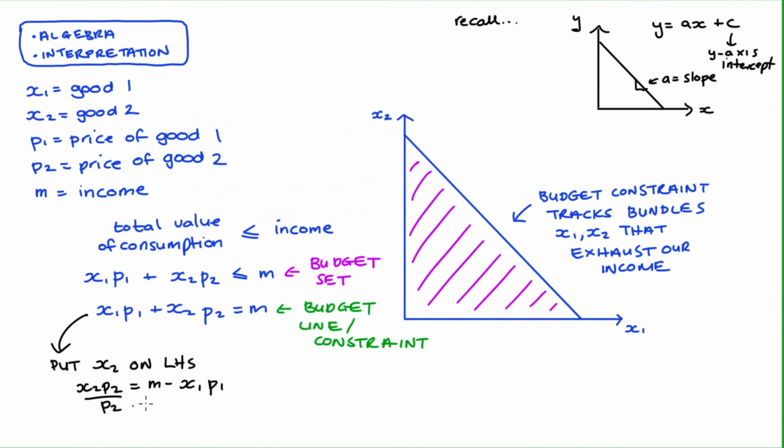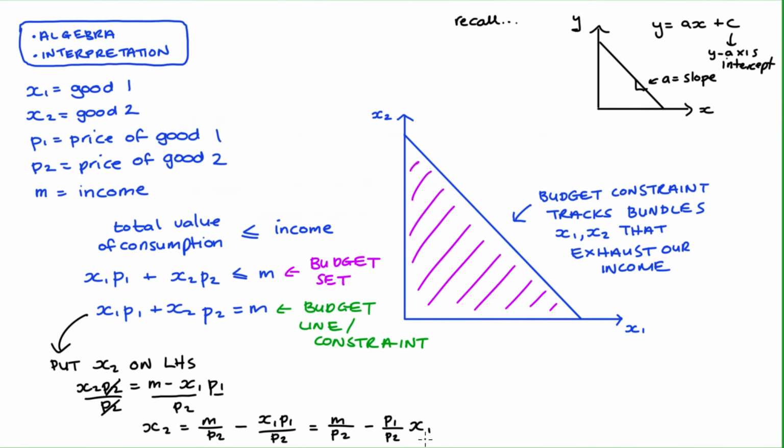And then we simply divide both sides by p2, and the p2's cancel out, so we have x2 is equal to m divided by p2 minus x1 times p1 divided by p2. Now I'm going to clean this up to x2 is equal to m divided by p2 minus p1 over p2 times x1, which is an equivalent way of expressing the line before.